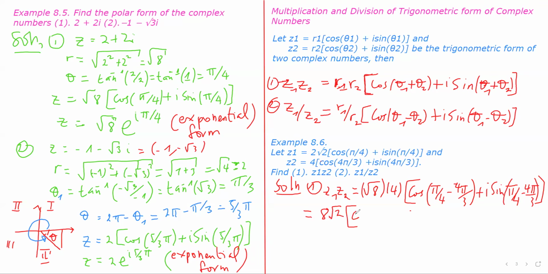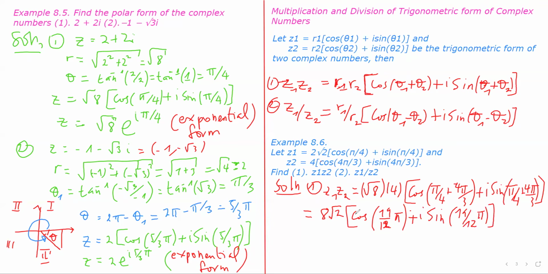And then now we have cos, sorry, this is the product, so we are adding. So cos, now we have 19 over 12 pi plus i sine 19 over 12 pi.